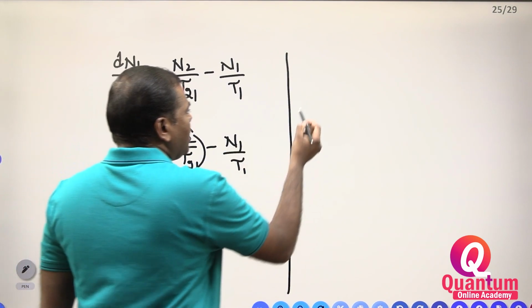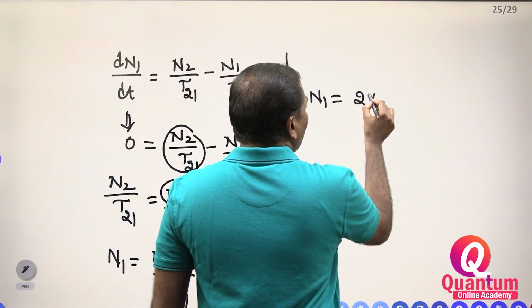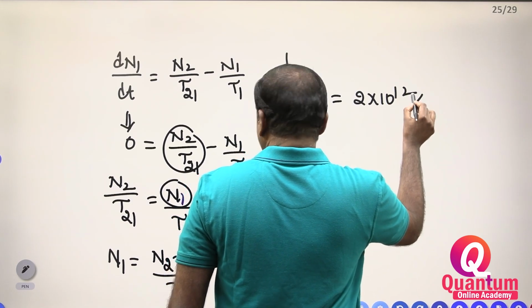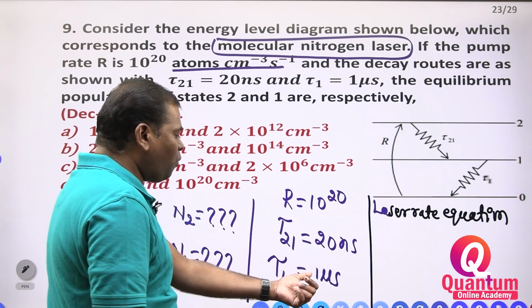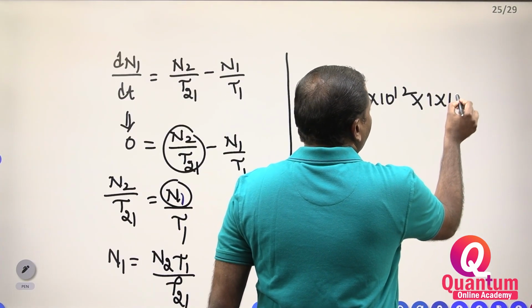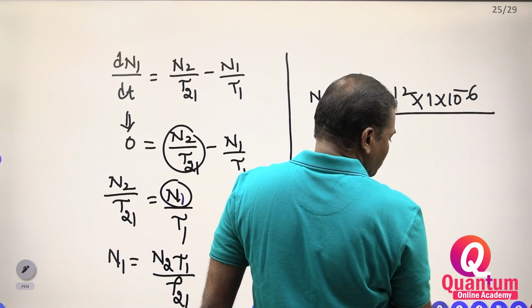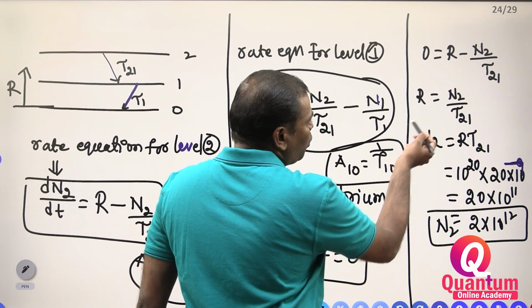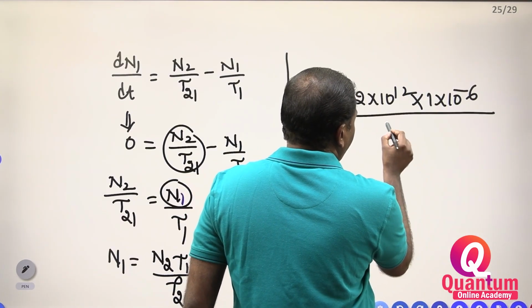Now N2 is equal to 2 into 10 to the power of 12. Tau 1 is given in the option as 1 microsecond, which means 1 into 10 to the power of minus 6, divided by tau 21, which is 20 into 10 to the power of minus 9.